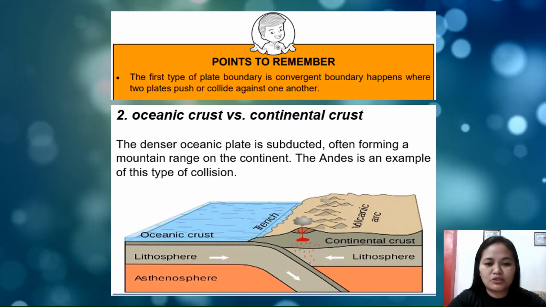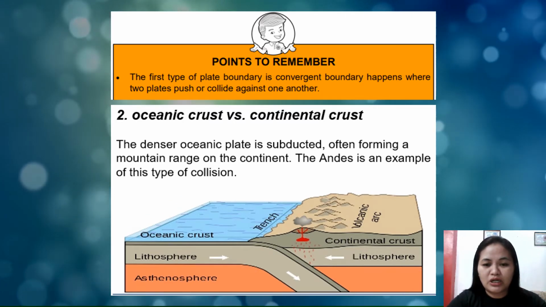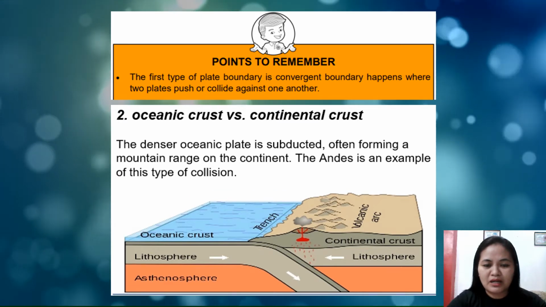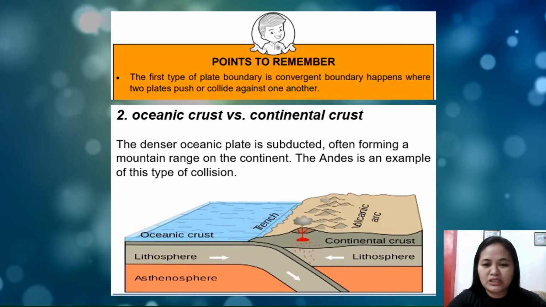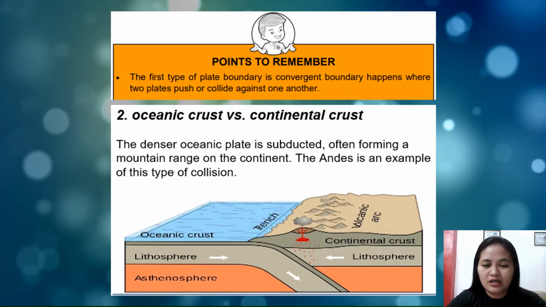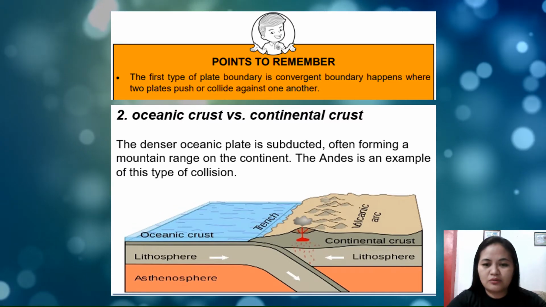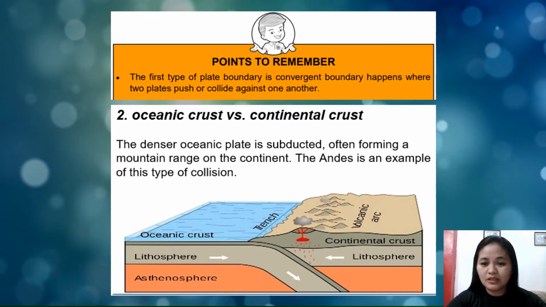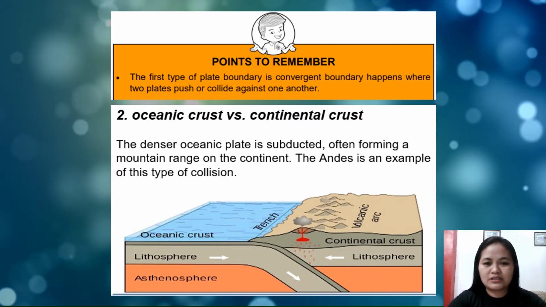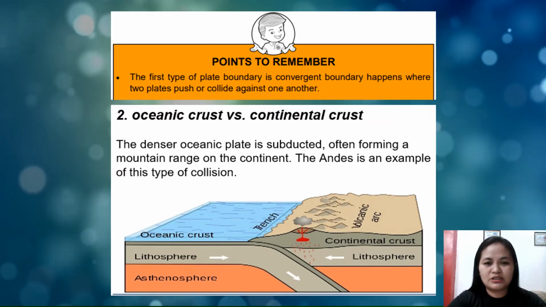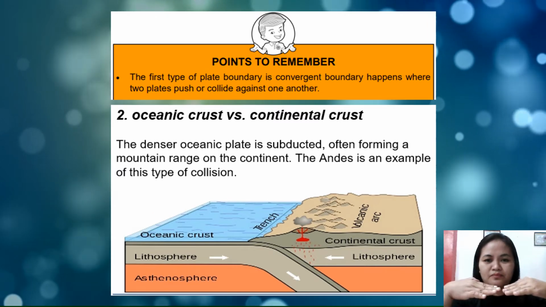So, nung lumubog si oceanic crust, nakarating ulit kay mantle, natunaw, nagkaroon ng magma, at nagkaroon din ng trench. Si continental crust naman, tumaas siya, kaya nakabuo rin ng mountain range at saka volcanic arc kasi nga meron pa ring magma sa ilalim because oceanic crust is involved in this collision, convergence, or meeting.